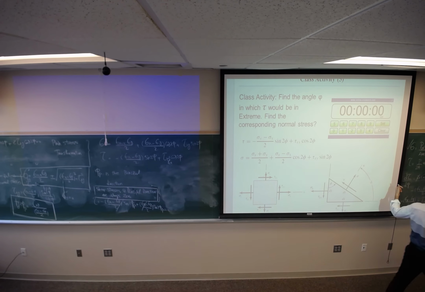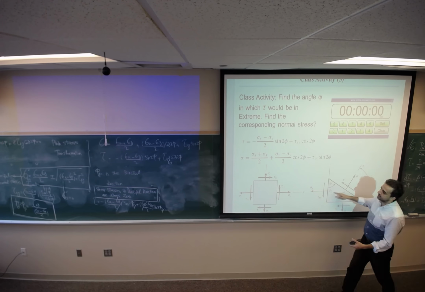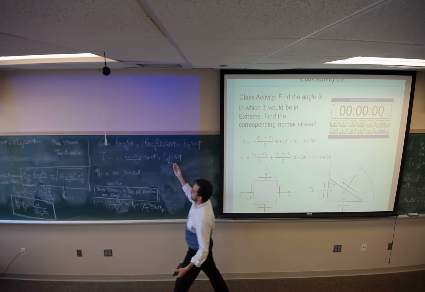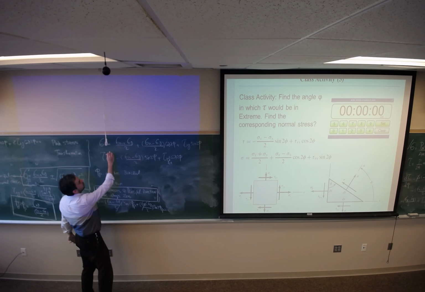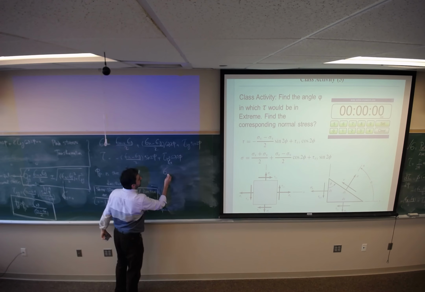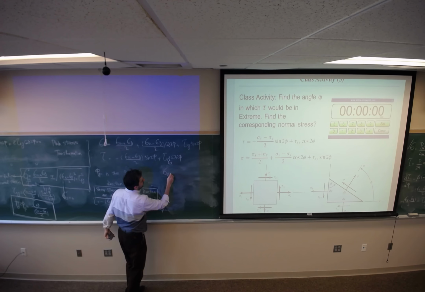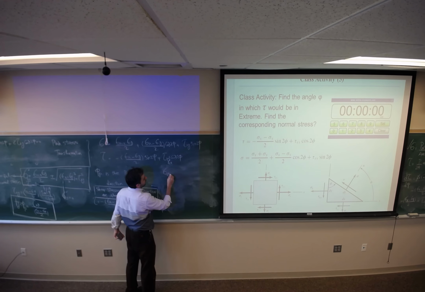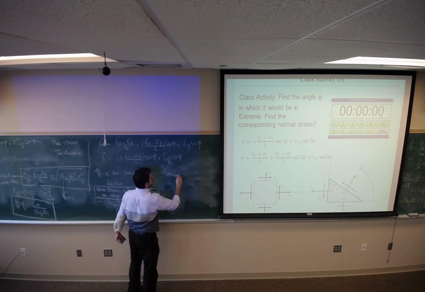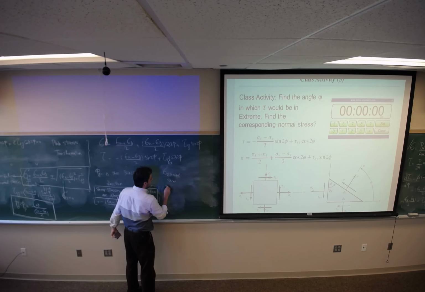Same thing that I did for the principal direction. What would be the value of normal stress at the principal shear stress direction? I'm looking for sigma at the principal shear stress direction.